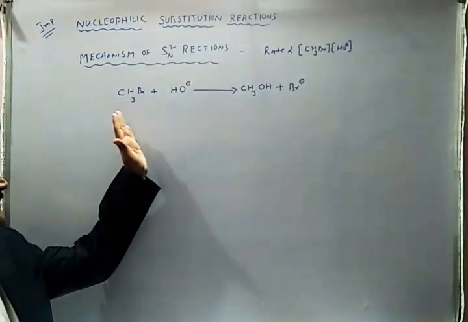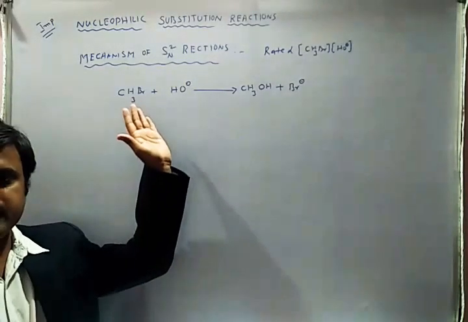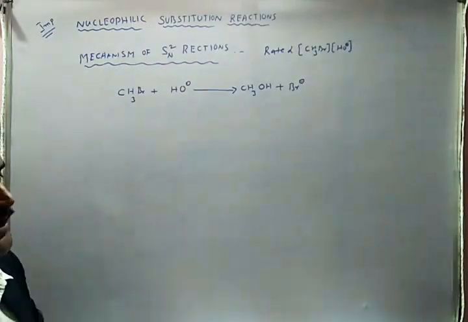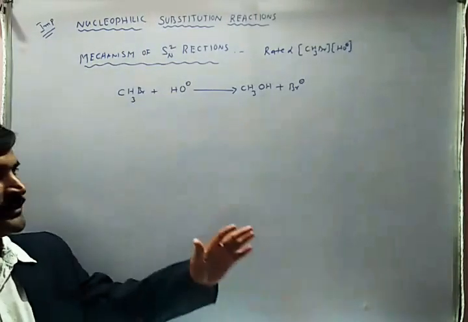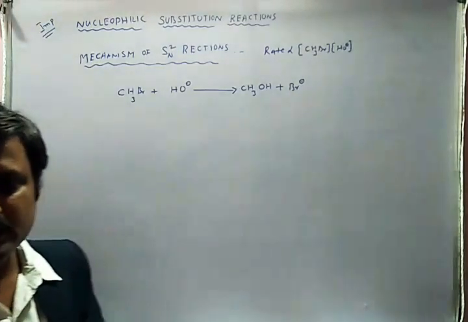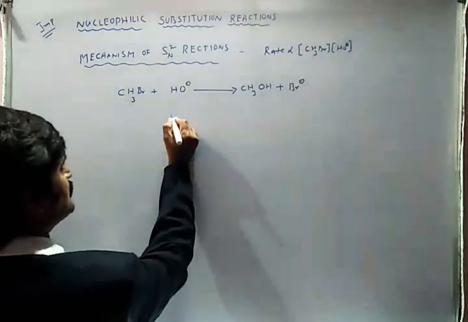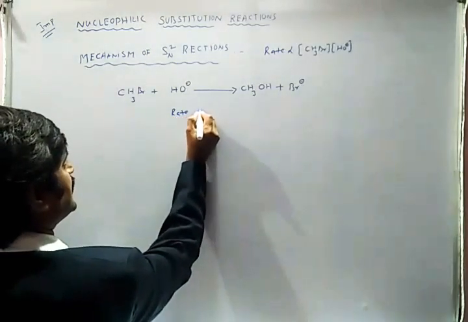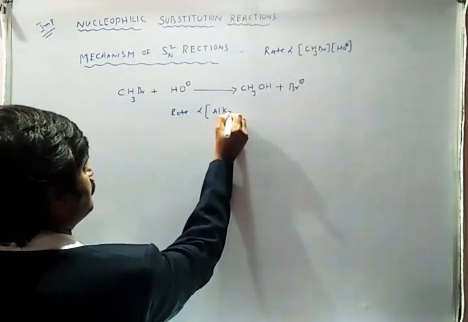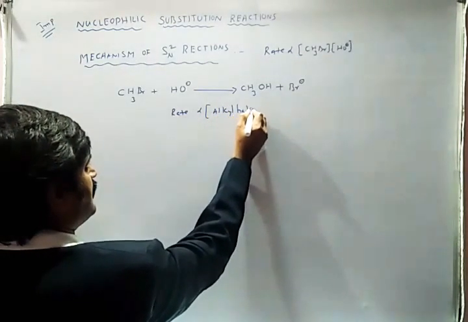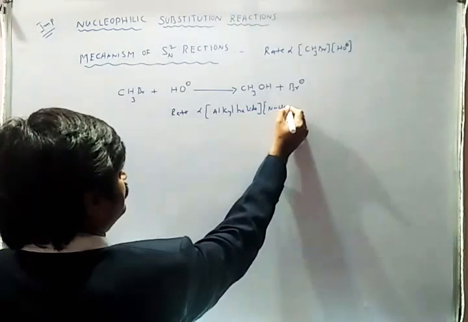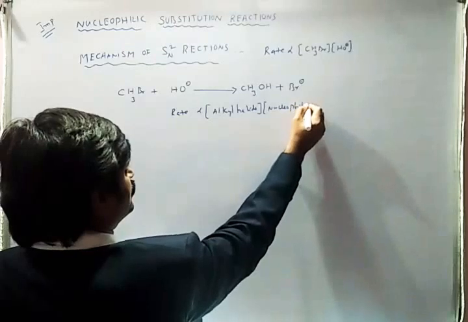If both methyl bromide and the nucleophile OH minus concentrations are doubled, the rate of the reaction quadruples. So this is what we can understand from this reaction. The rate is directly proportional to the concentration of the alkyl halide as well as the concentration of the nucleophile.